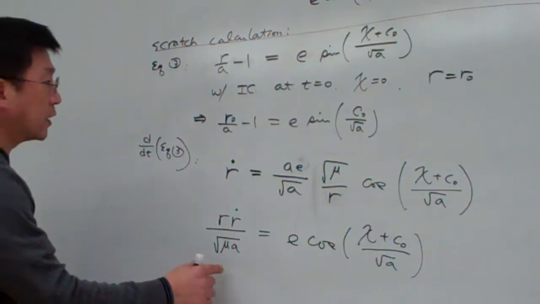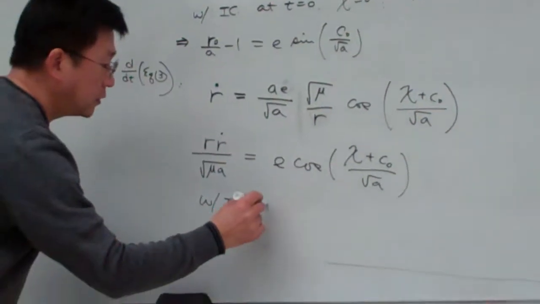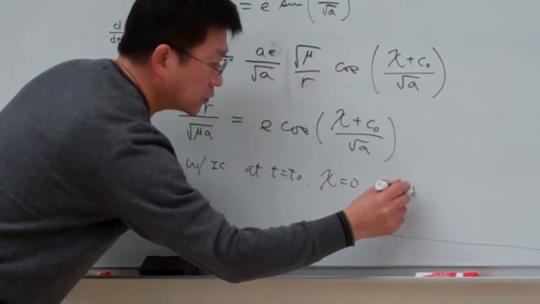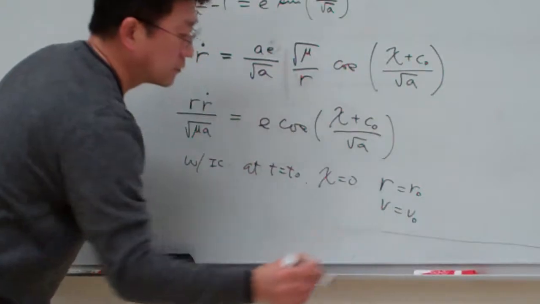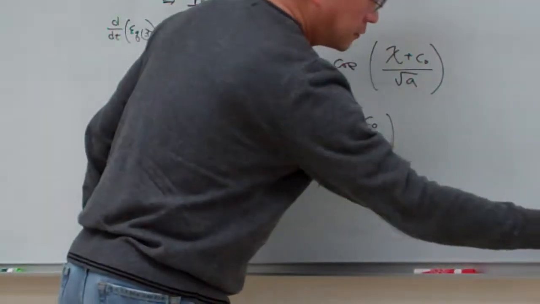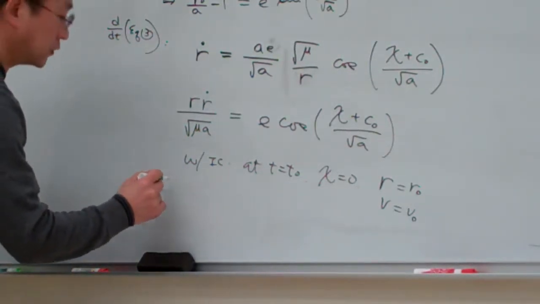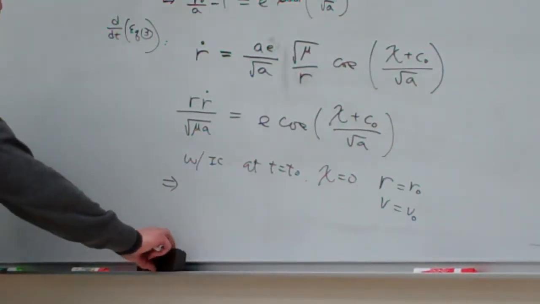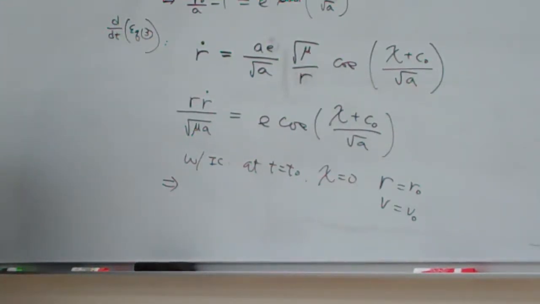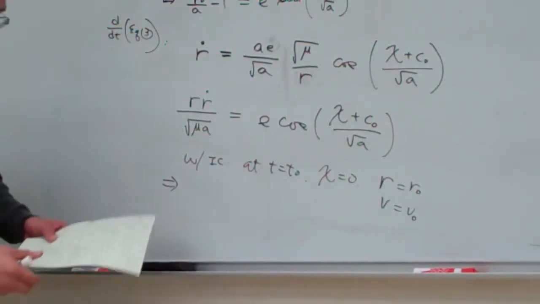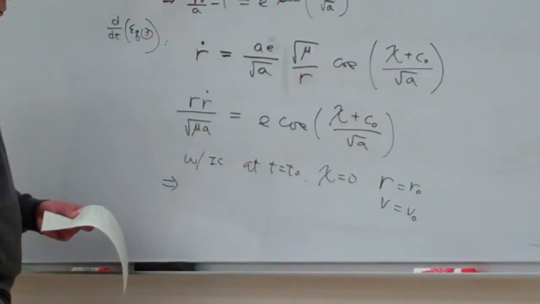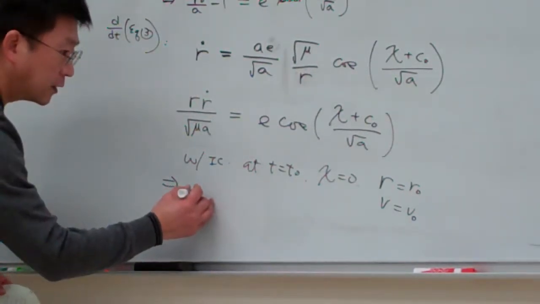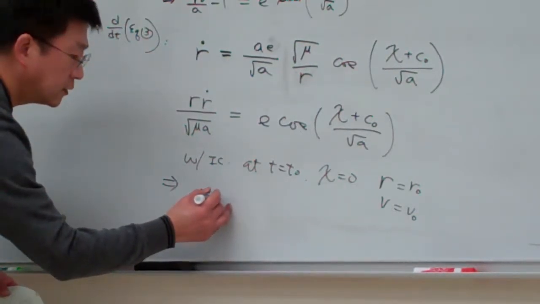So with this form, we apply the initial conditions one more time, at time equal to t0 and C equal to 0, and then velocity equal to this. Okay, so here we plug in R0, V0.